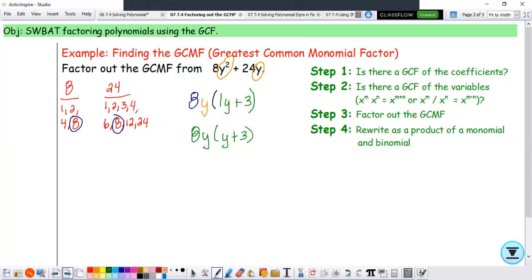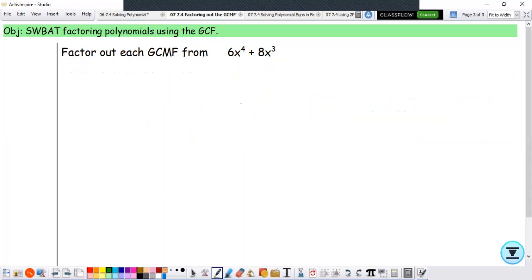Let's take a look at one more. Here we have 6x to the fourth plus 8x cubed. So again, I'm going to start with my coefficients. I'm going to list my factors: 1, 2, 3, and 6; 1, 2, 4, and 8.